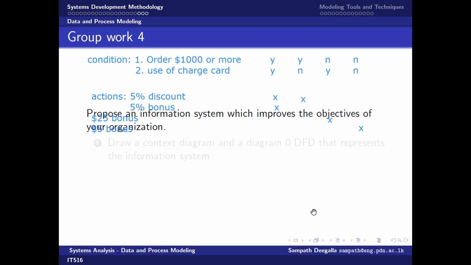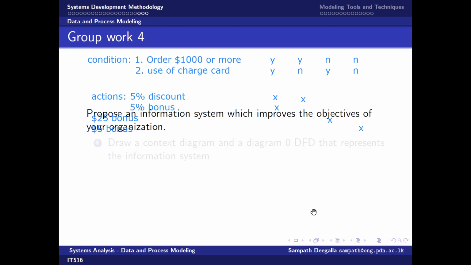So when I order 1,000 or more and they have used our charge card, they are getting 10%, with 5% discount and 5% bonus, right? And the second one, if they order 1,000 or more but they have not used the charge card, then they are getting only 5%, which is $50, right?